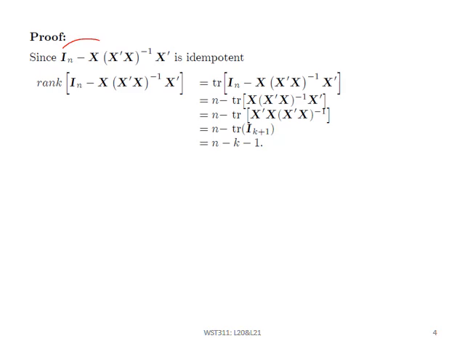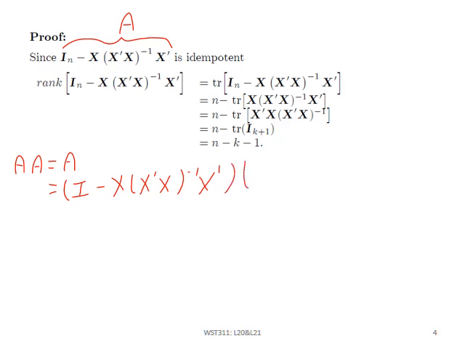The matrix over here is the matrix A, which is an idempotent matrix, meaning that A times A should be equal to A. For completeness, I will try and show that this matrix is actually idempotent. So we need to take the identity matrix minus x, x transpose x inverse, x transpose, multiplied by itself, and it should equal the original matrix A.